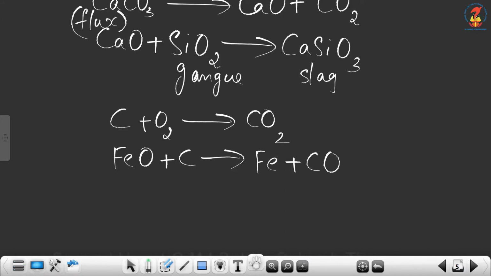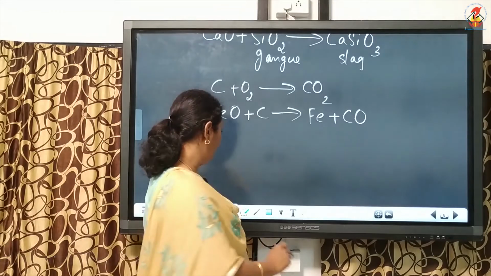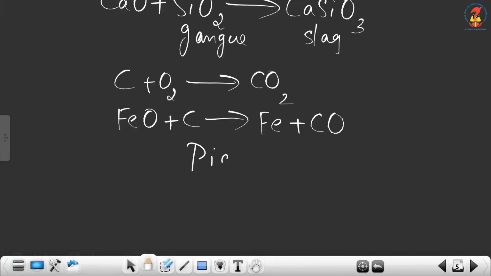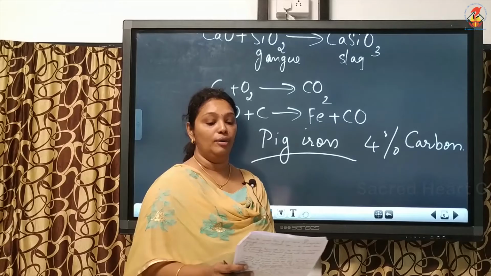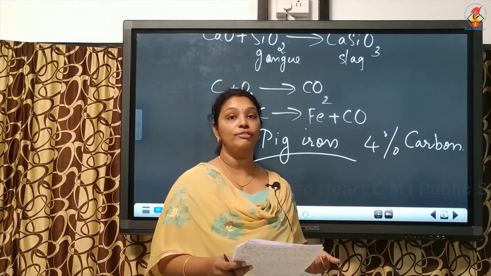And the iron that we get from blast furnace is called pig iron. It is obtained in molten form, and pig iron contains 4% carbon. Now, this pig iron can be cast into variety of shapes.